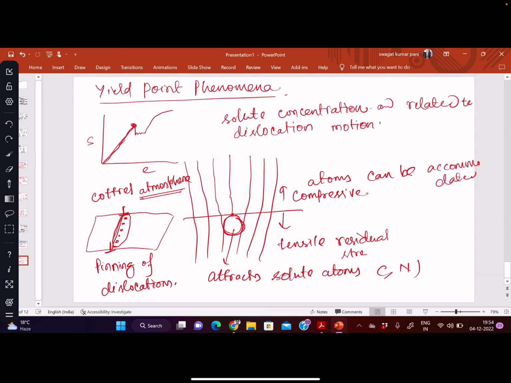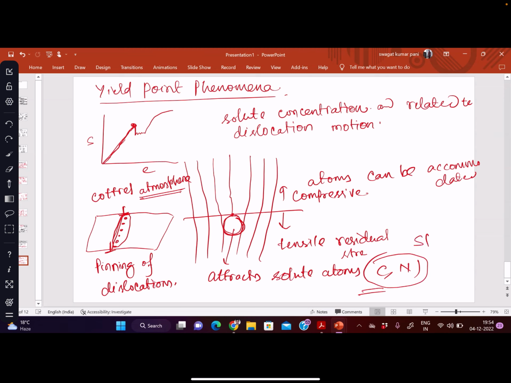So the stress releases. Well, one thing is that, like you said, carbon and nitrogen cause this pinning of the dislocation. Is it that every small atom will cause this pinning, or are carbon and nitrogen the only examples? No, they usually do. Why do I take carbon and nitrogen?